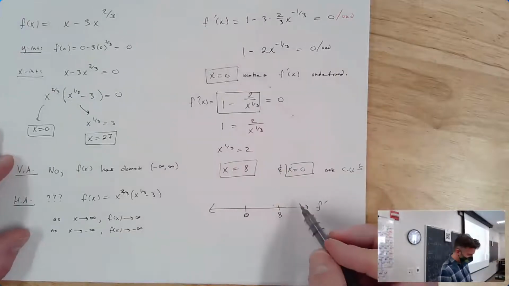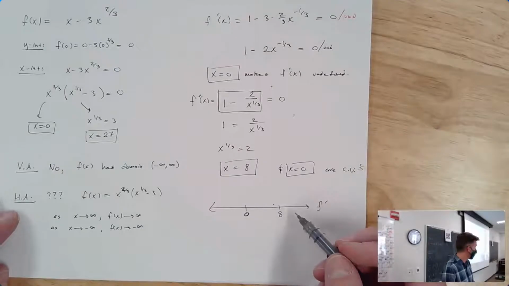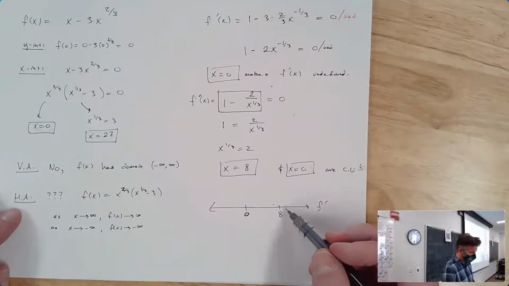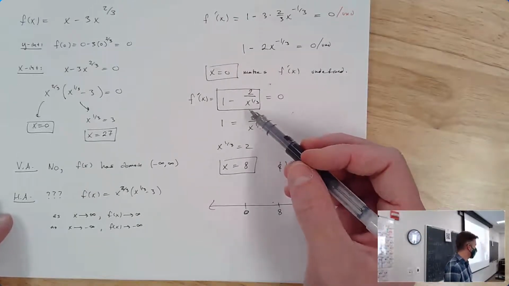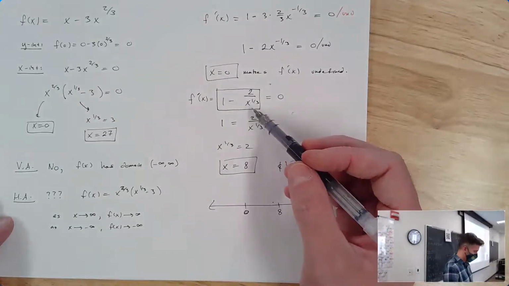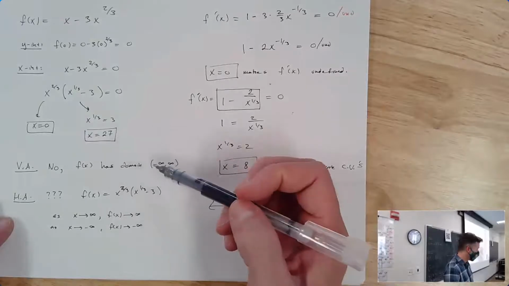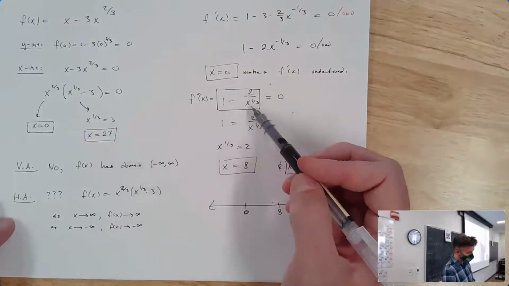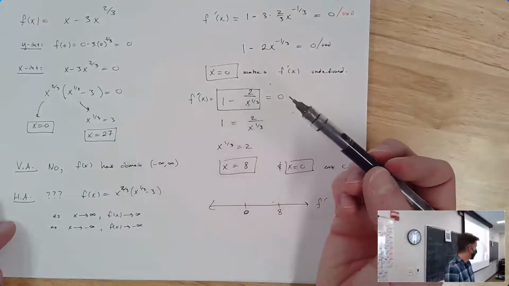If I plug in something bigger than 8, what's a number bigger than 8 that's easy to plug in? Well, 9, kind of. I don't know what 9 to the 1/3 power is. How about 27? You plug in 27, the cube root of 27 is 3, and 1 minus 2/3 is going to be positive.